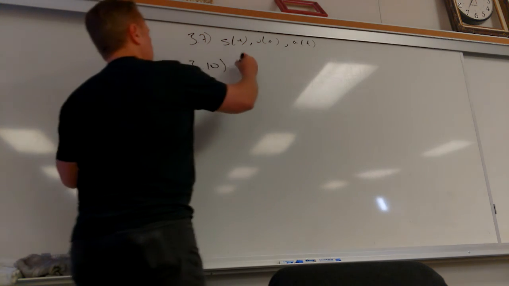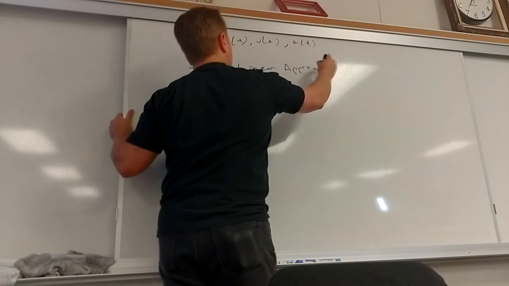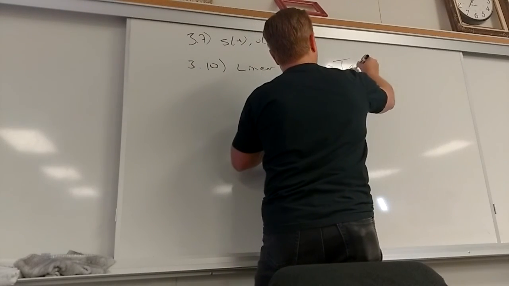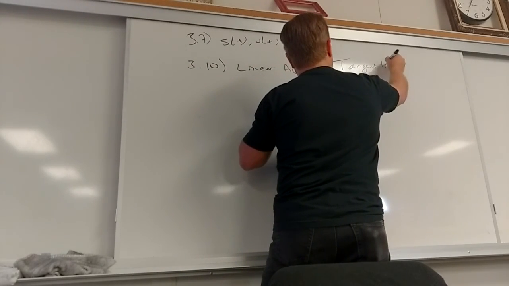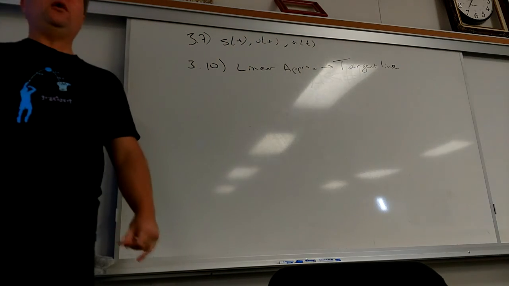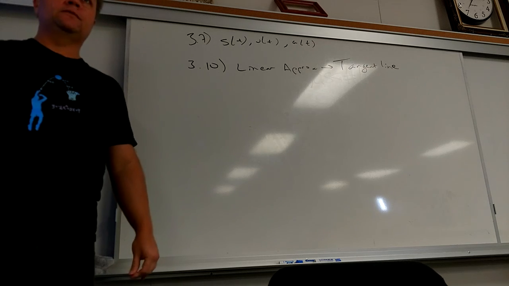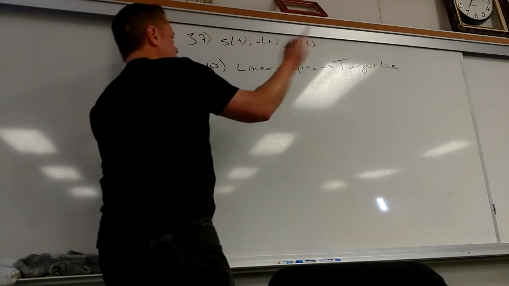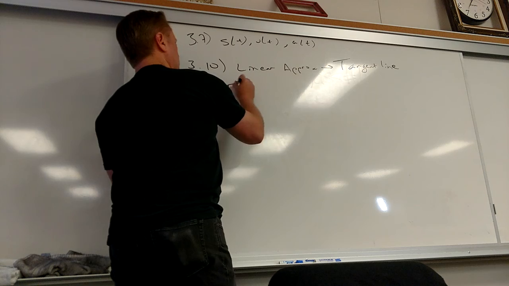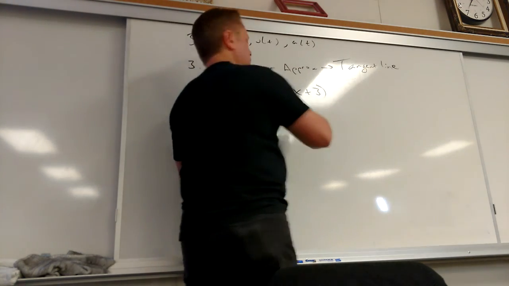3.10 was the linear approximation stuff, which, if you just call it what it is, that's all it is. The one little thing you've got to be careful about, that actually happened to you on this quiz, on the practice exam, there's a function, the very first problem.